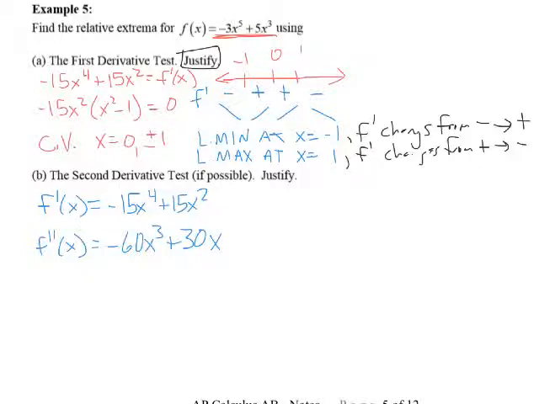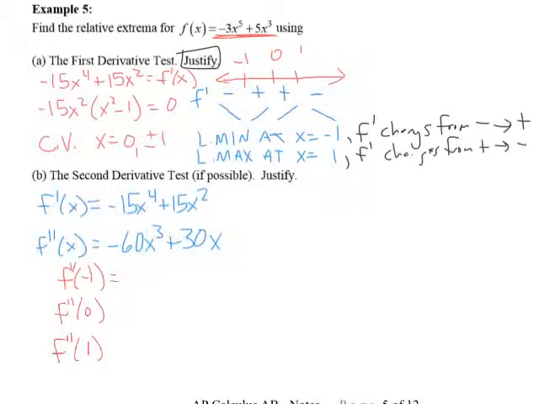What we will do is test all of our critical values, which we found above in part A, in the second derivative: f double prime of negative 1, f double prime of 0, and f double prime of 1.